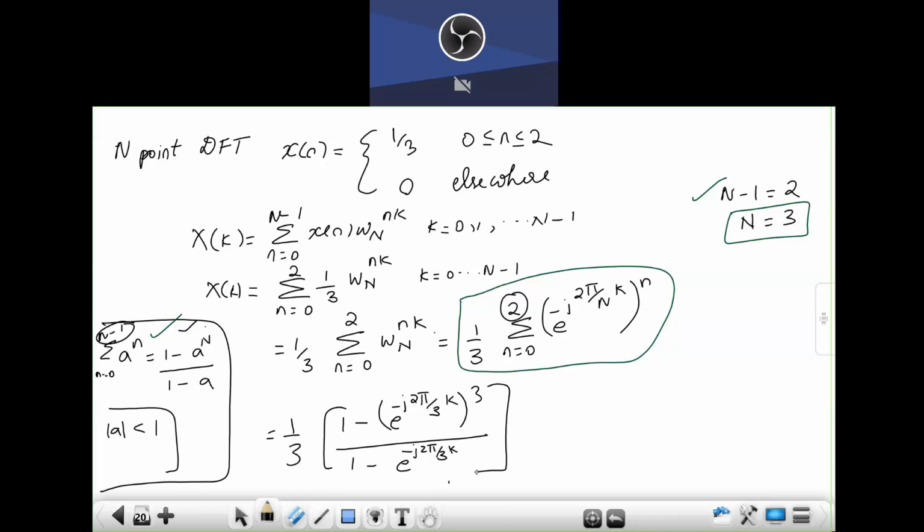All right, now you can simplify, take out the common terms and simplify it. Can you try doing the simplification, all of you?